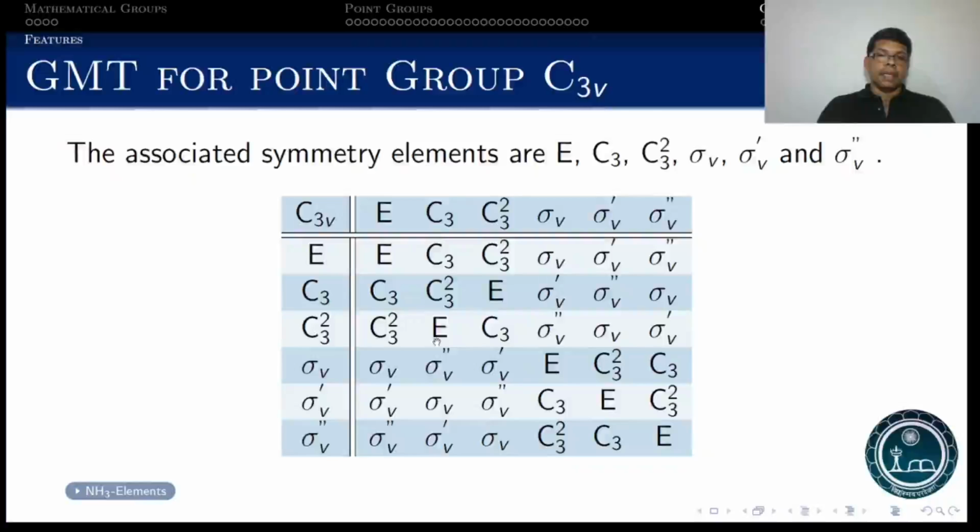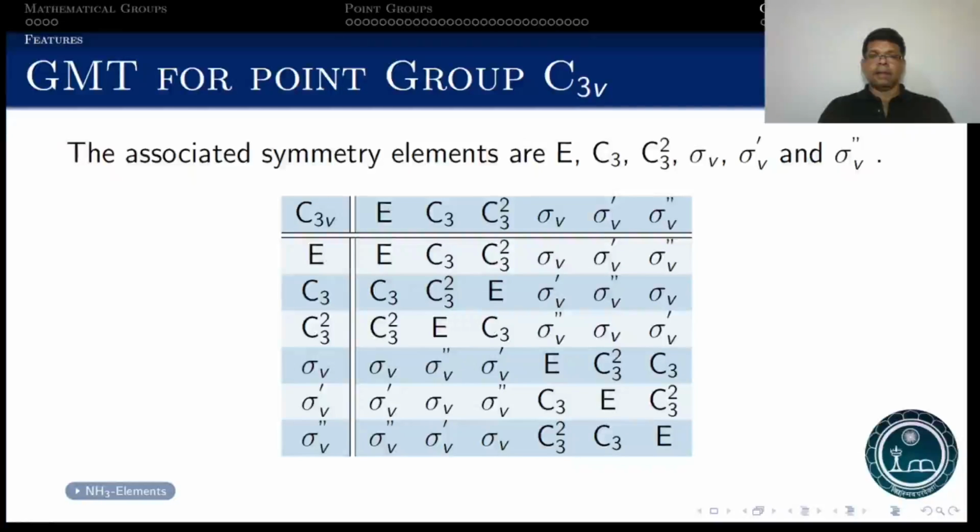Then C3 multiplied by C3 square will be E. C3 then sigma V gives the same effect as sigma V2 dash. You write down the combination of symmetry elements between these 6 symmetry elements. So this is the group multiplication table for the point group C3V.